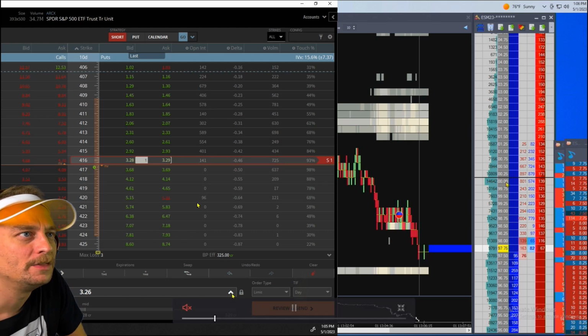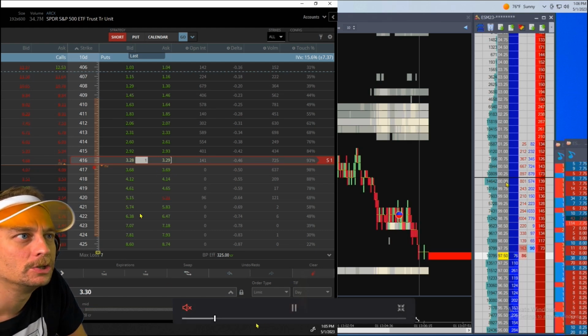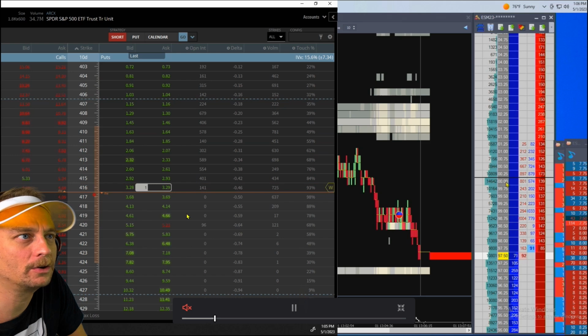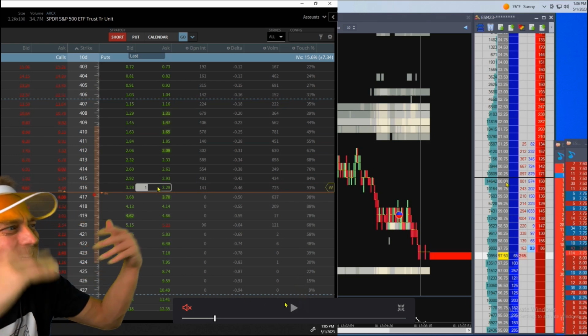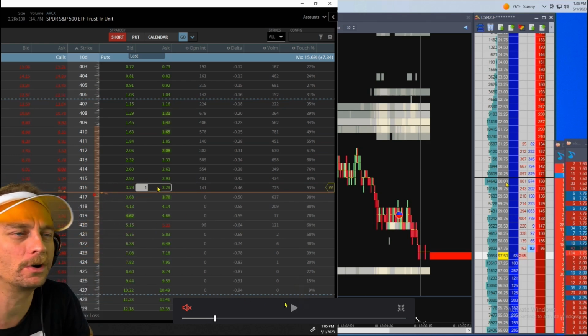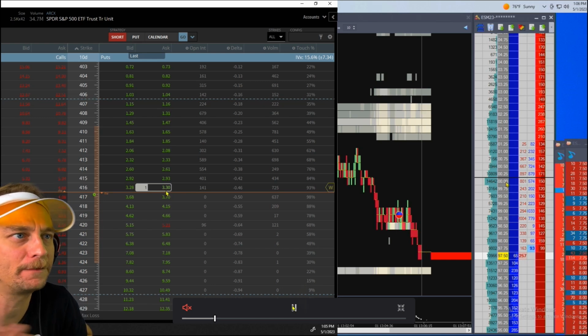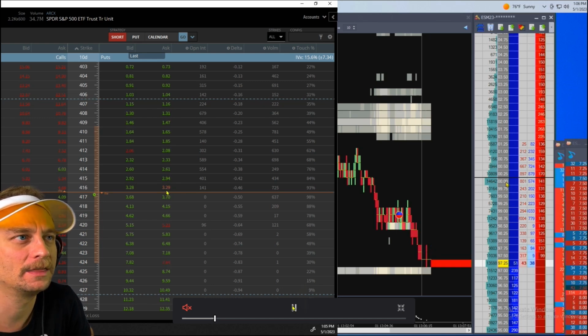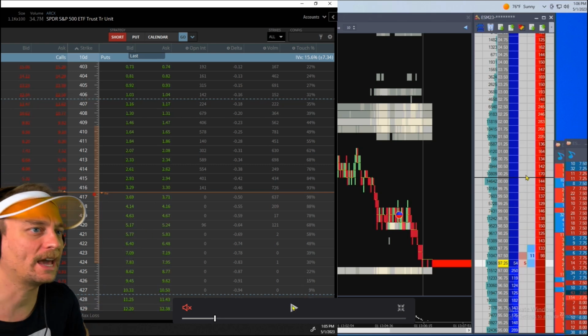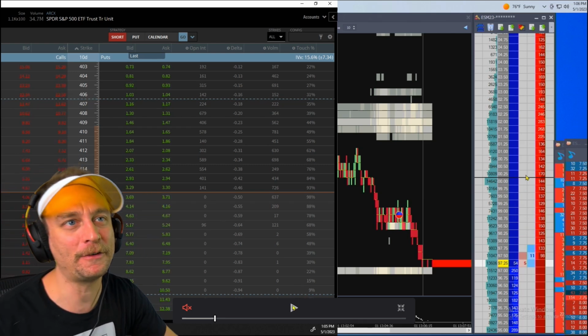Right there, the offer's at $3.29. So I'm going to lock in a $3.30 offer. You can see I had to check all this to confirm the order, which sucks. And then I lock in the offer. And then there's the fill. Okay, so we made $6 on that options trade.